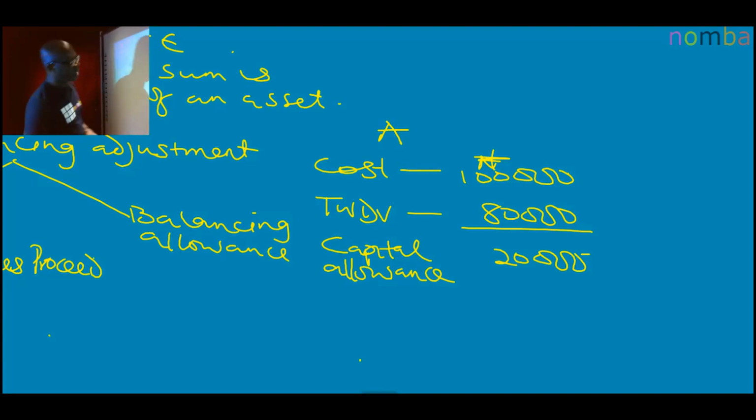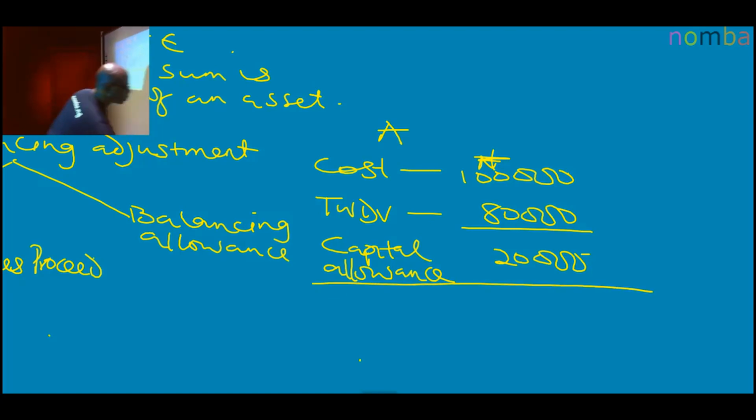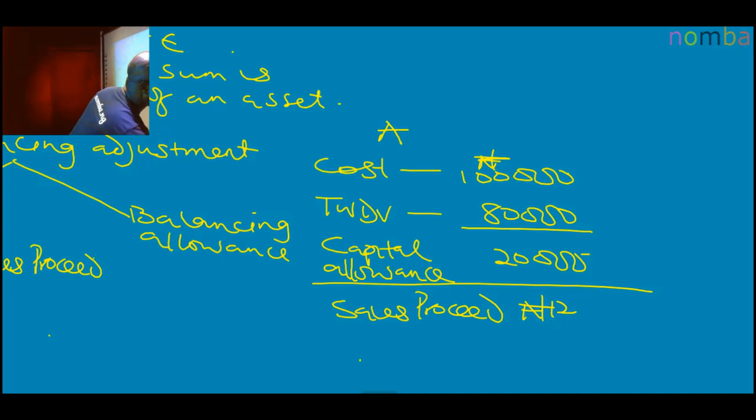Now, this same asset was sold. The sales proceed of this same asset is, say, 120,000 naira. Okay. Then I will want to check for balancing adjustment, either balancing charge or balancing allowance.